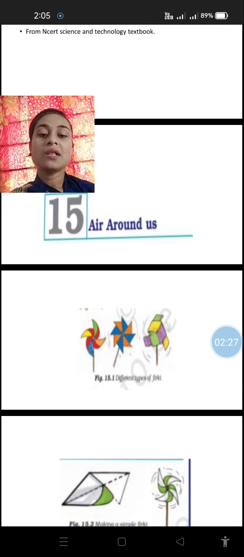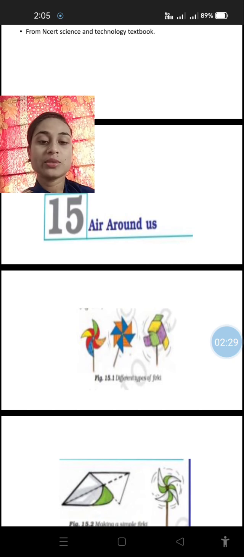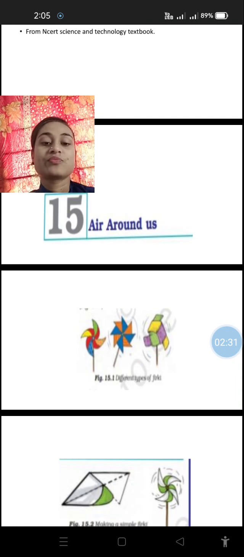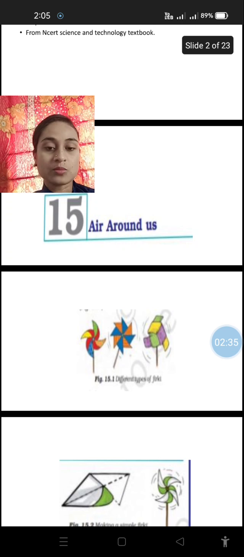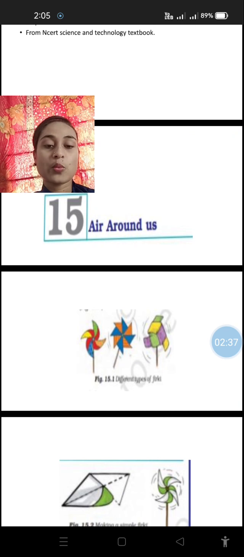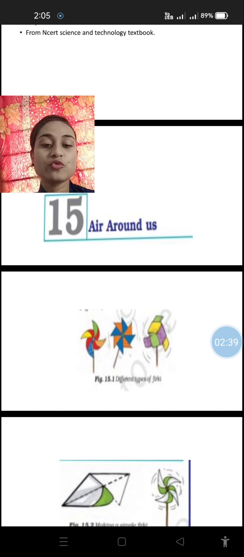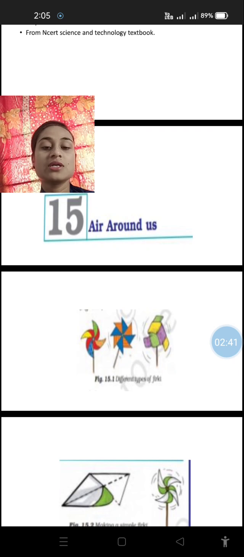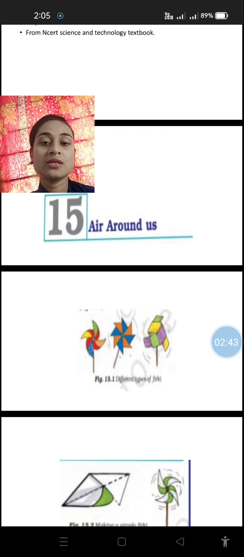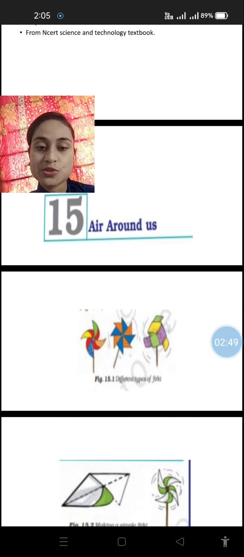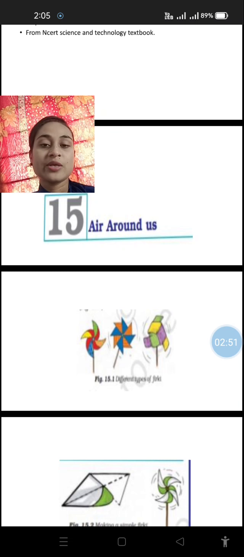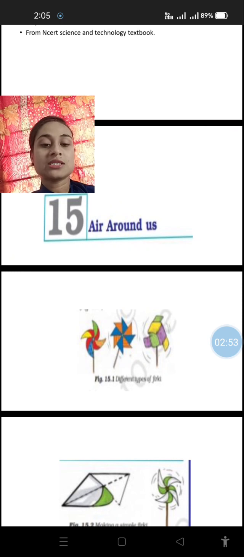All three fukuris are different from each other, but when air passes across them, they start moving fast when the wind is fast. But when the air is not so fast, they remain in a steady position.